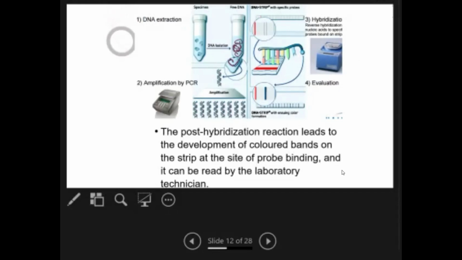This is a picture depiction of the line probe assays. As I said before, first you have to extract the DNA, then you have to amplify the relevant gene or the relevant area in the gene, and then you have to show that the specific genes are present in the sample.